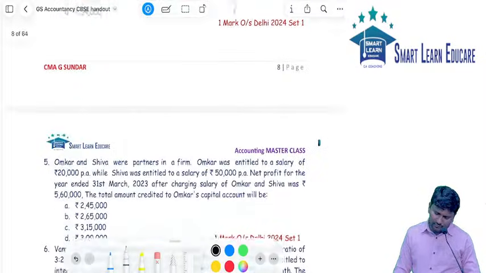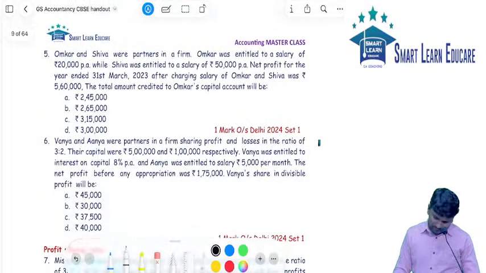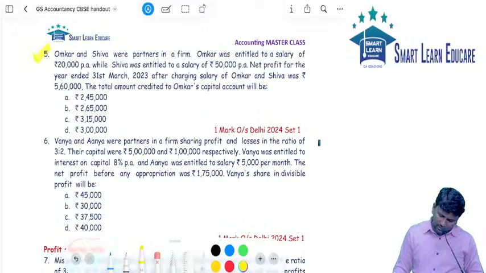Next question. Question number 5. Omkar and Shiva were partners in a firm. Omkar is entitled to a salary of 20,000 per annum. Shiva is entitled to a salary of 50,000 per annum.